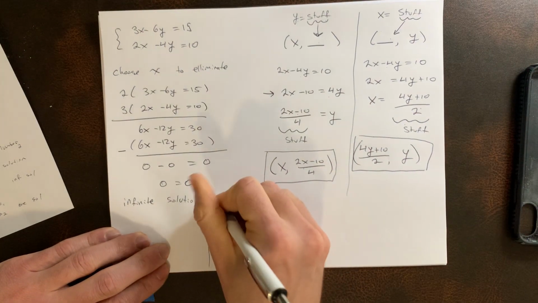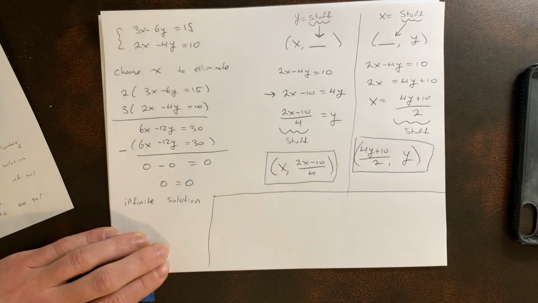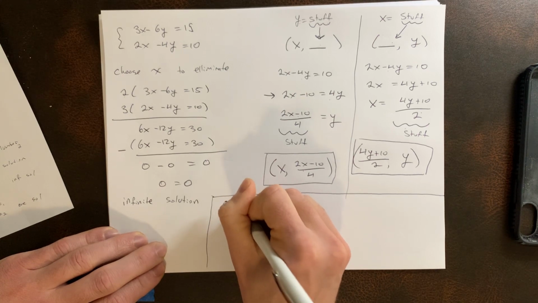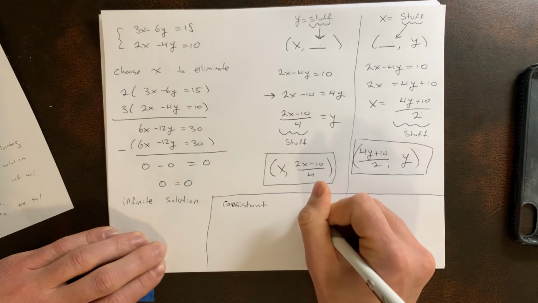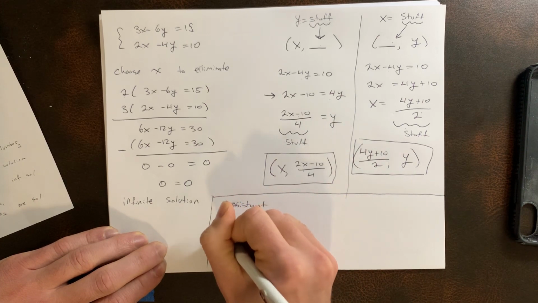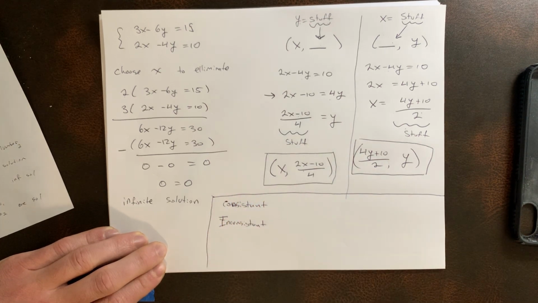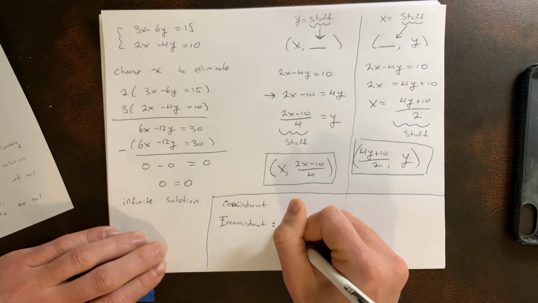Lastly, there's one thing to talk about: a couple of definitions that are used on the homework. That's going to be either consistent or inconsistent. Inconsistent is another way of saying that there's no solution.